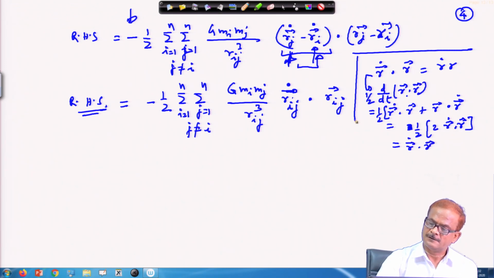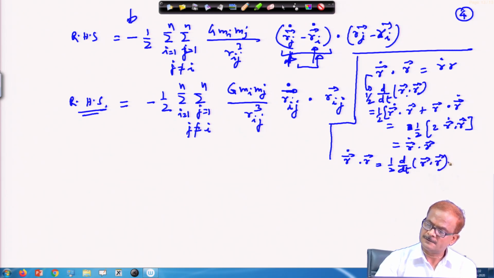So, this is fine. On the right hand side, from here what we can observe is that this can be written as 1 by 2 d by dt of r dot r equal to 1 by 2. This we have derived here. Okay. So, 1 by 2 d by dt, this quantity becomes r square here.